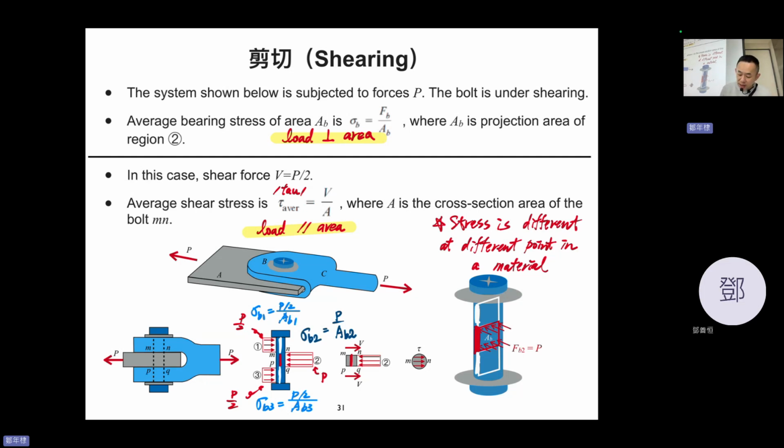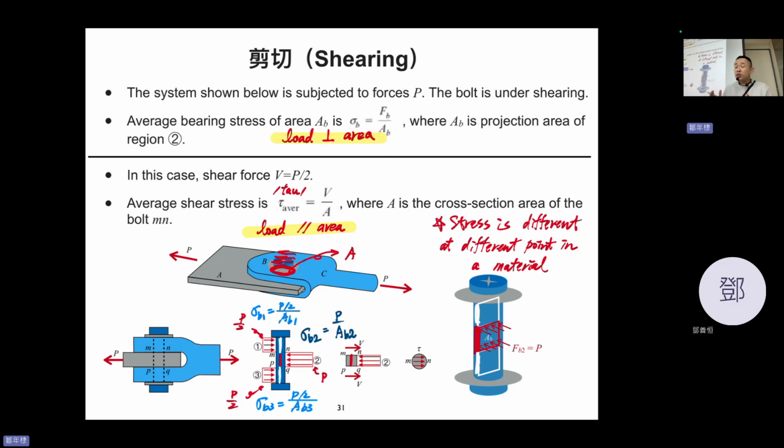You can imagine that the shear force occurs at that area, and that area A has the force, parallel to that area. Okay, so what is the value of that force?